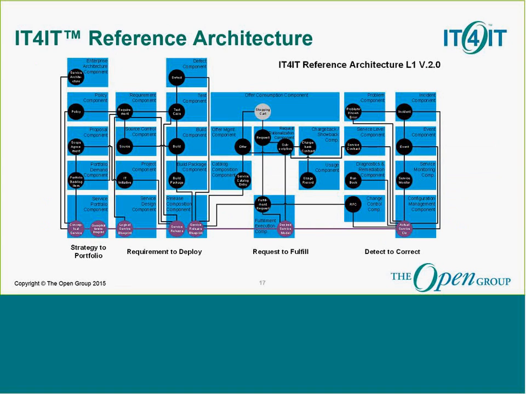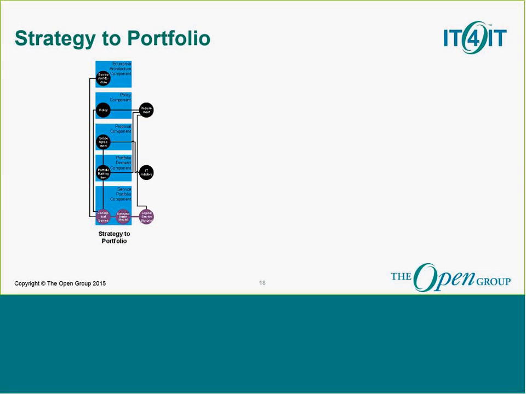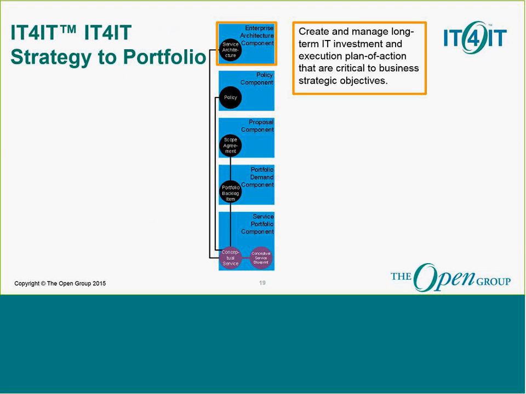Again, the reference architecture view, and as we said, strategy portfolio is really this first column. It's the smallest stream in terms of how many functional components and data artifacts it manages. And so put it in a little bit closer in the enterprise architecture component.